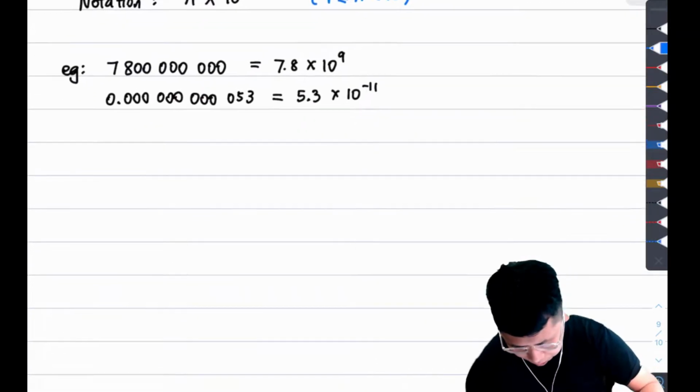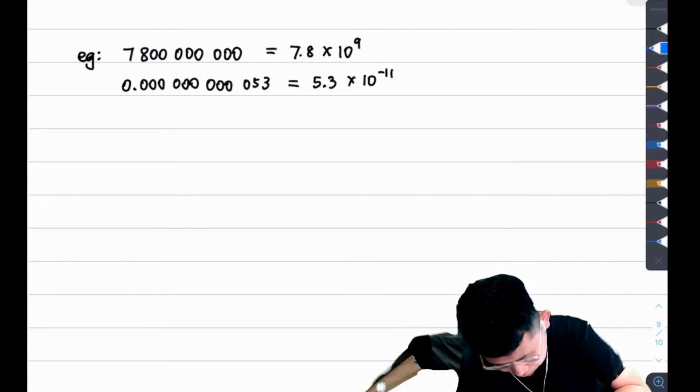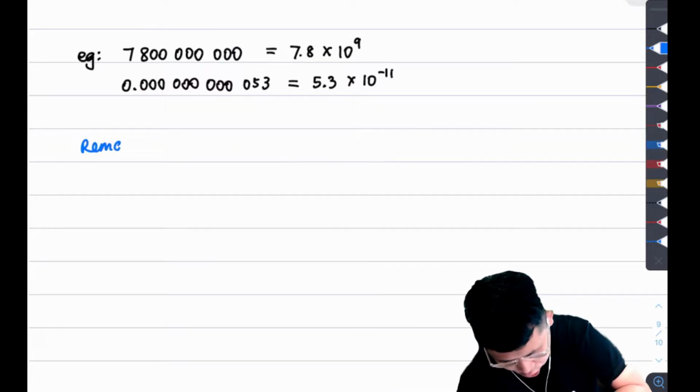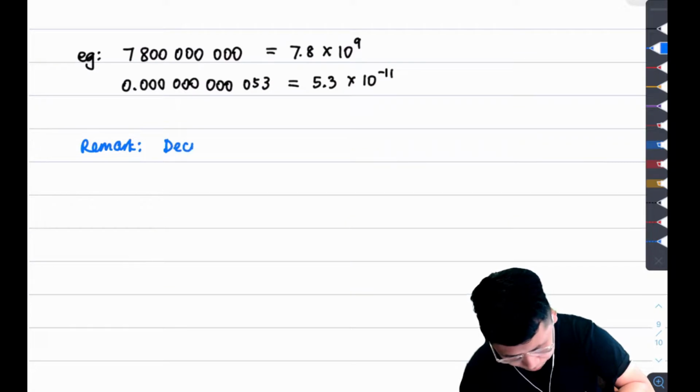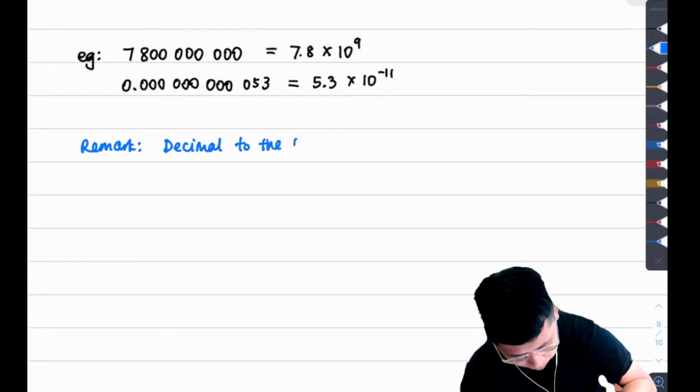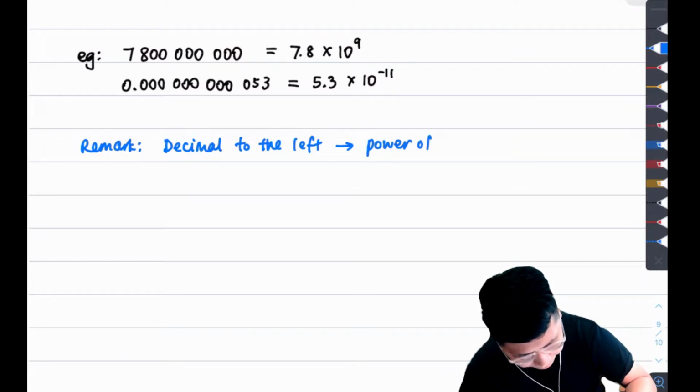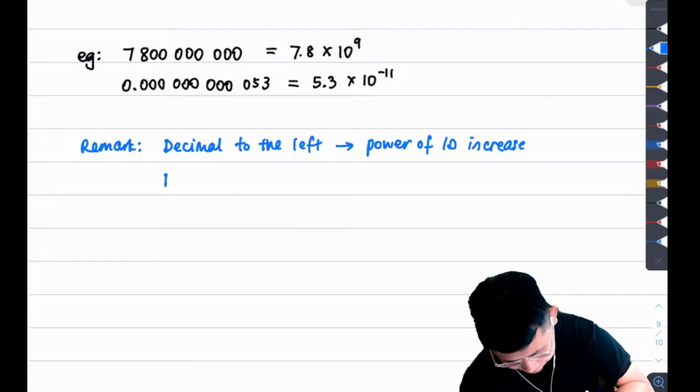Okay, so before we move on, let me just write down a shortcut. If you move your decimal to the left, what happens is your power of 10 will increase by the number of steps you move to the left.